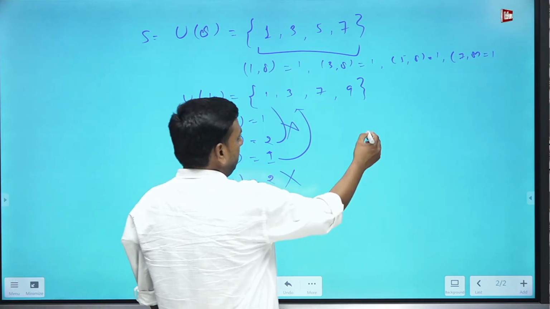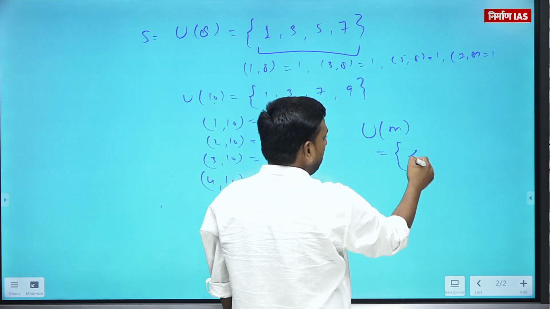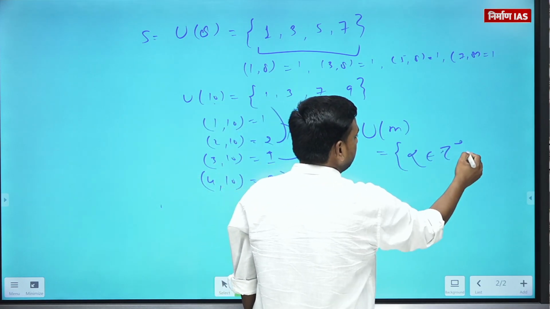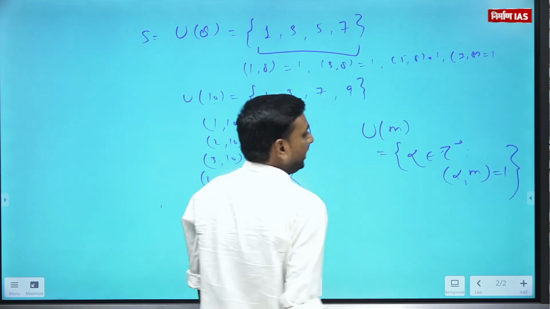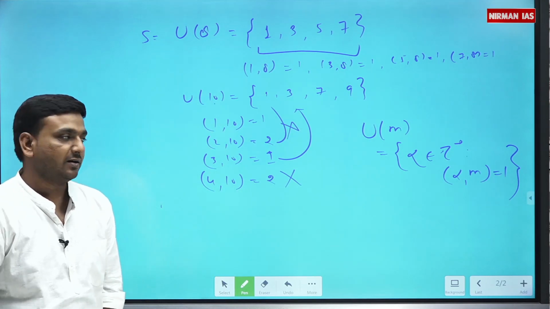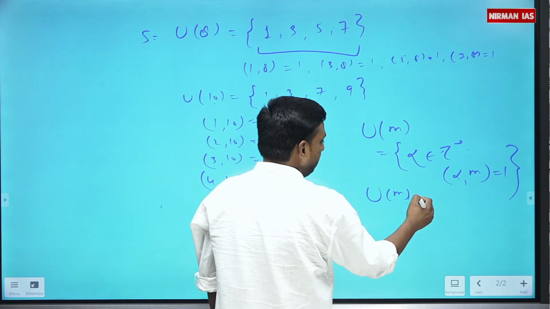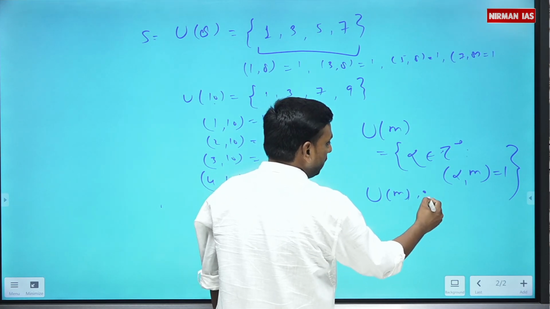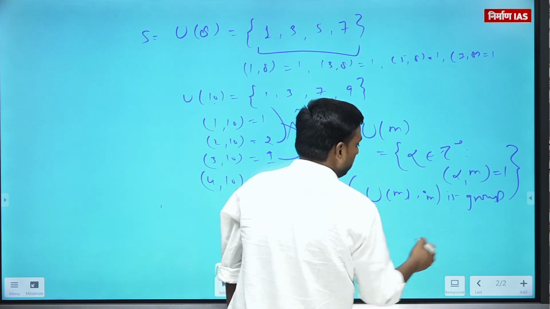So in general, in the set UM, you have all those positive integers such that those have GCD with M as 1. Is that clear? And with respect to multiplication modulo M, this forms a group.